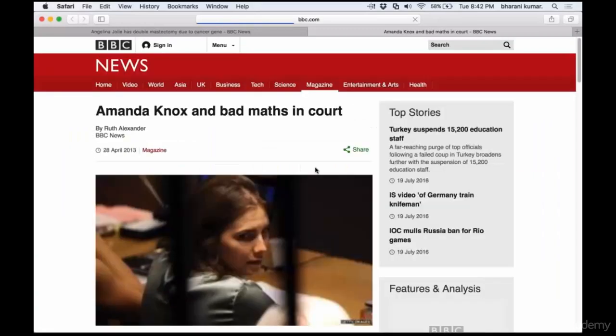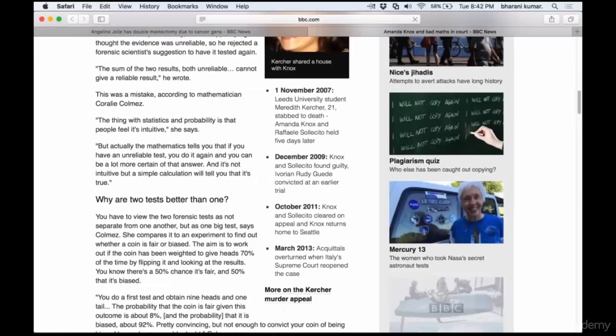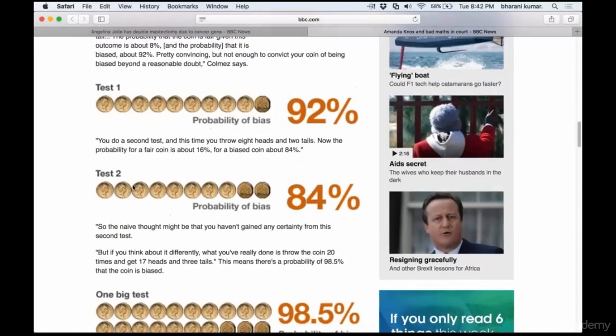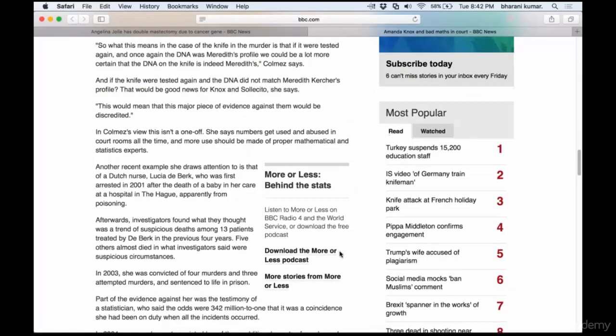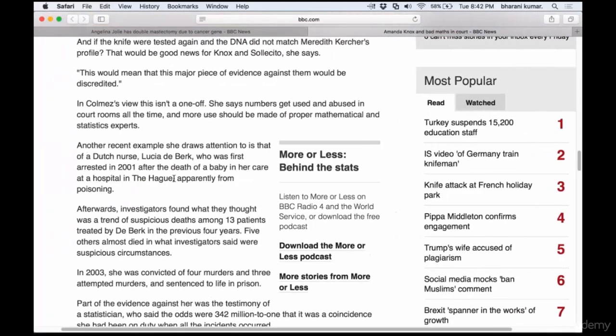In Holland, there was a nurse by the name Lucia de Berk. She was arrested in 2001 after the death of a baby under her supervision.